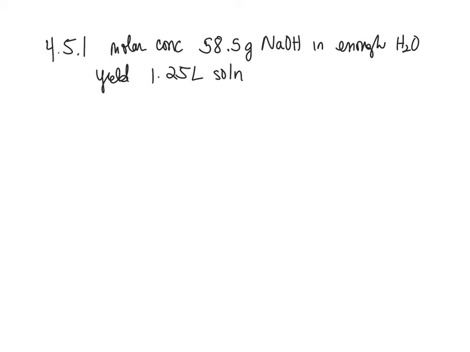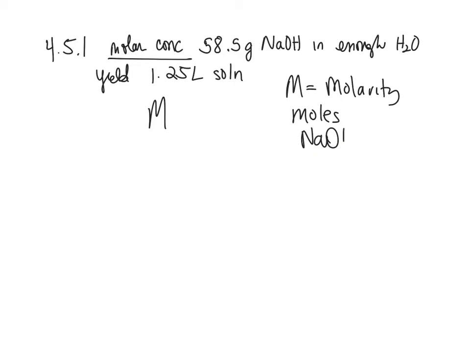Now, we want molar concentration, so we want the big M, and we know that the big M is molarity, and we need moles, in this case of sodium hydroxide, in the liter of solution.